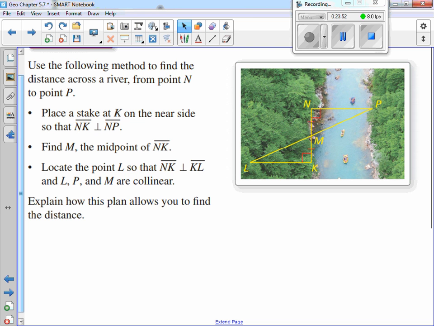And M is congruent to NK, it is. So it'd be good if I had a pen. So we know that this angle here is congruent to this angle here, yes? So how would that be helpful in finding the distance across the river from point N to point P?